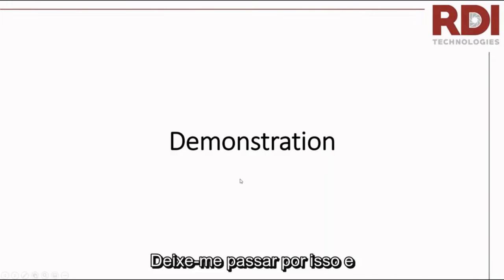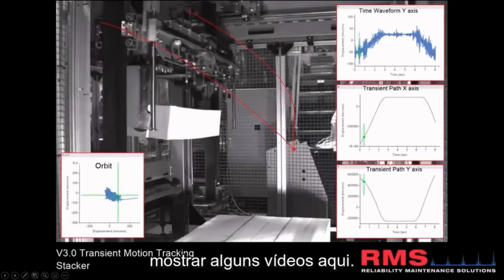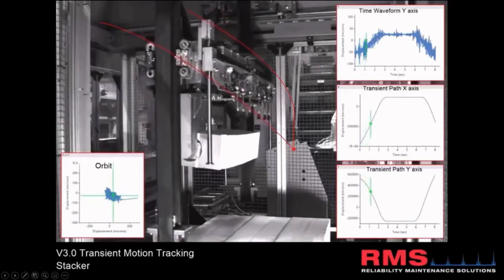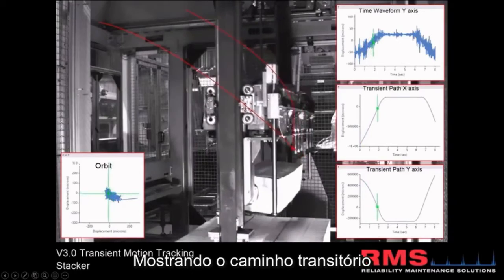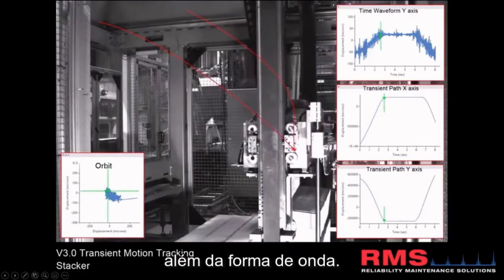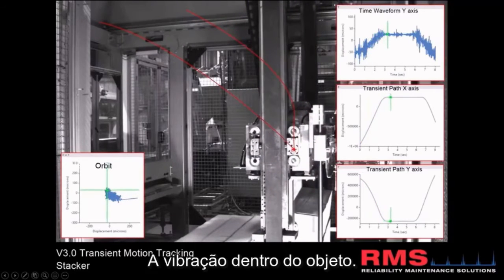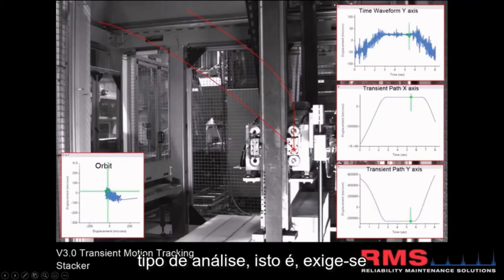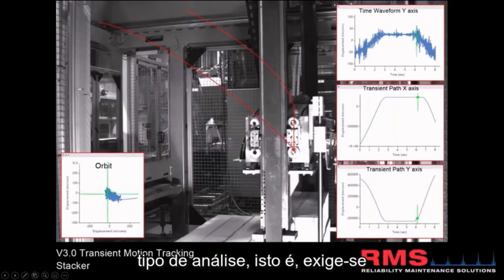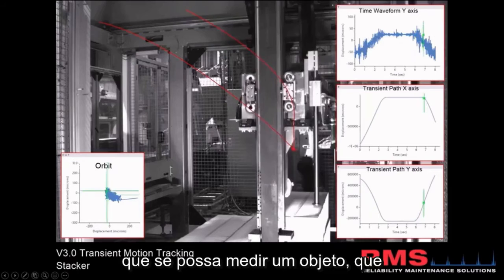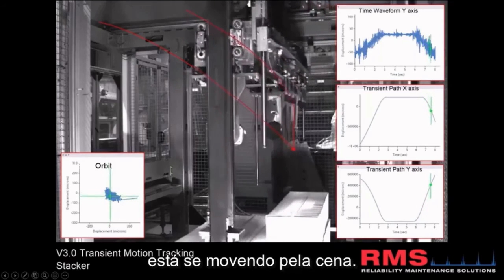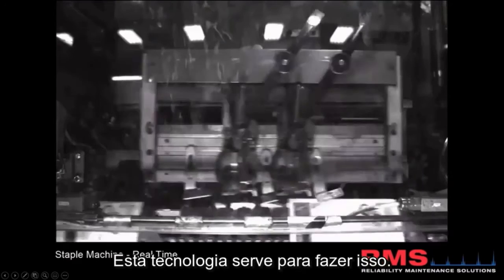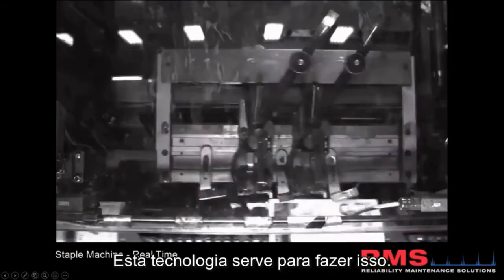So let me go through and show a couple of videos here showing the transient path and the waveform, the vibration in the object. So if you need to do analysis that requires you to measure an object that's moving through the scene, you can use this technology to do that.